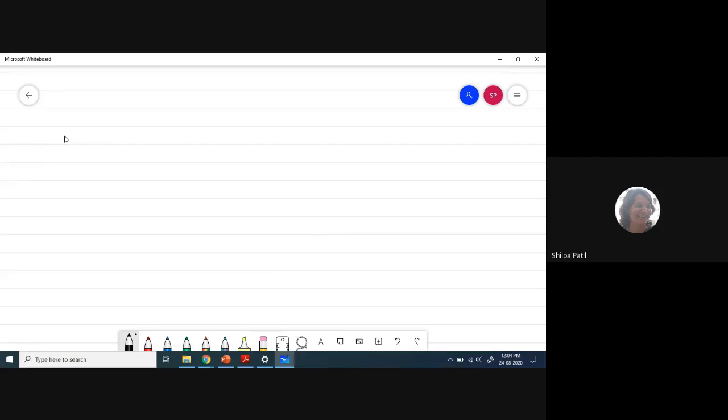Clear span 5 meter. Let us draw the cross section of the beam first. What is the width of the beam given? 300 mm. Okay.